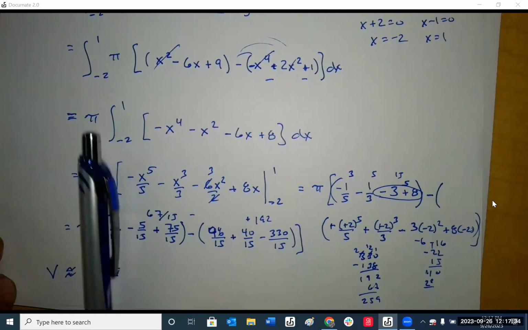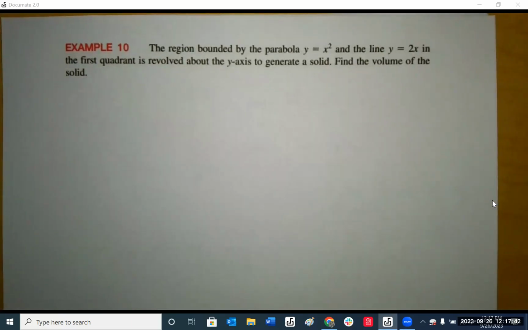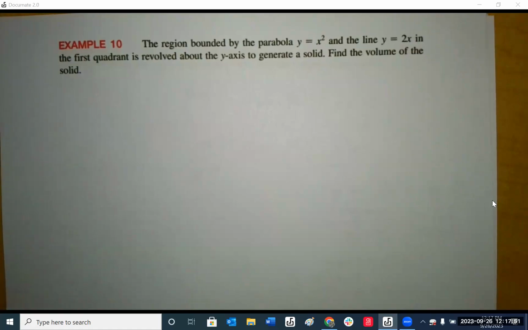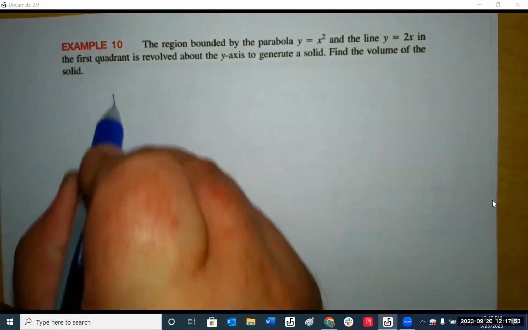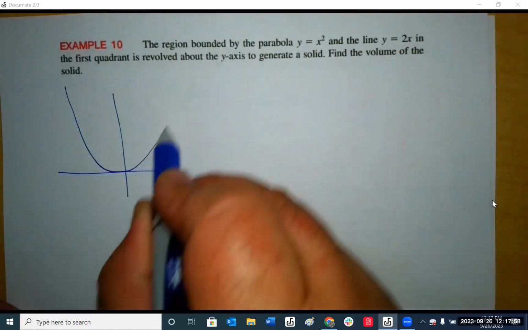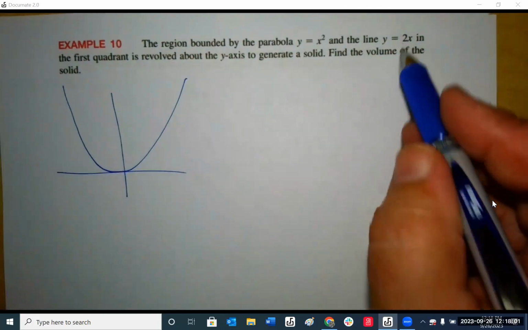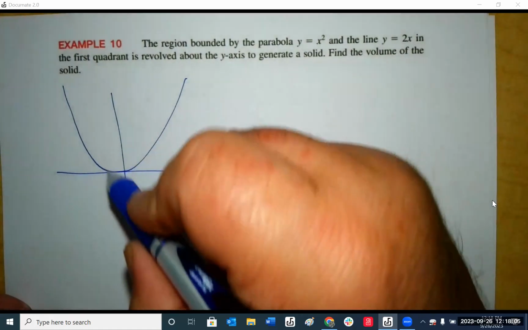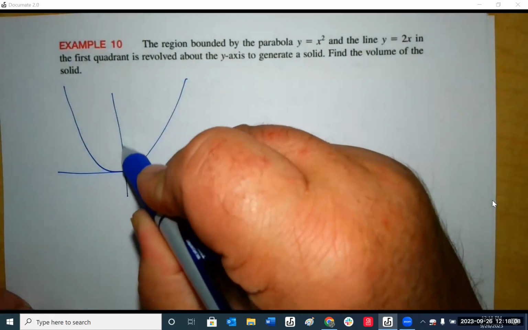Because the last example is simply integrating with respect to y instead of x. But then again, I said the last one and it took forever. Let's try this one real quick. The region bounded by the parabola y equals x squared and the line y equals 2x.